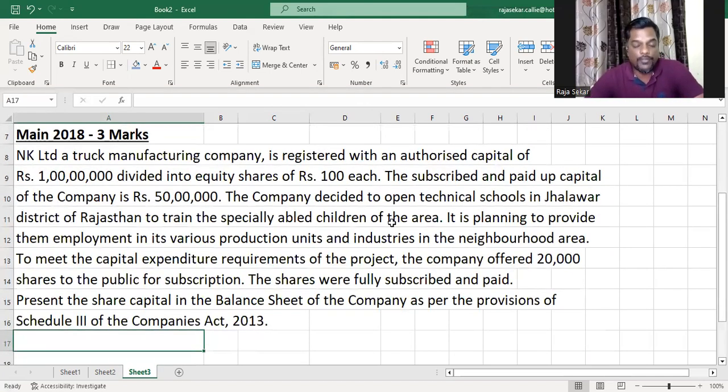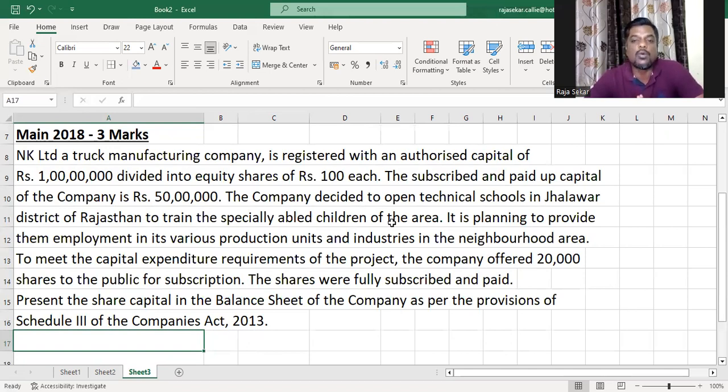So as a first problem, I've taken a question from the 2018 main board exam question paper. This was asked for 3 marks. NK Limited, a truck manufacturing company, is registered with an authorized capital of rupees 1 crore divided into equity shares of rupees 100 each. The subscribed and paid up capital of the company is 50 lakhs.